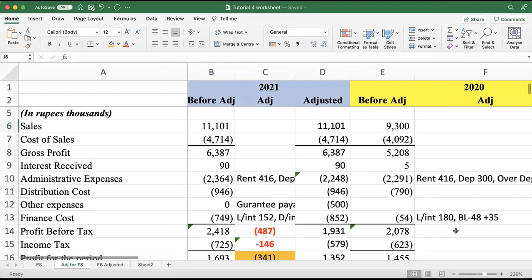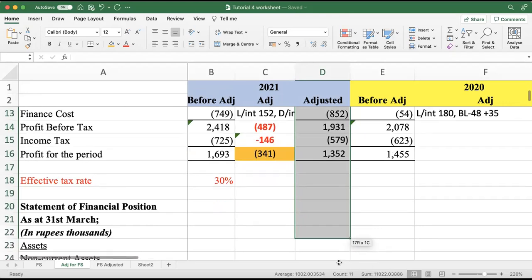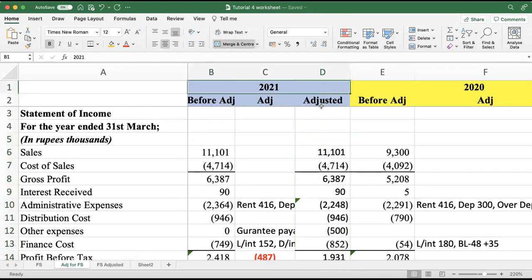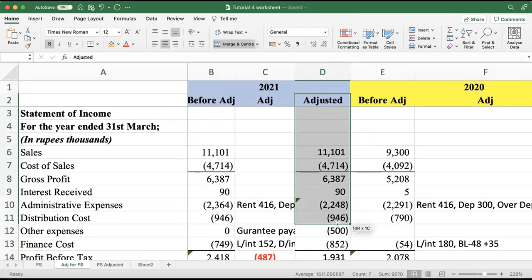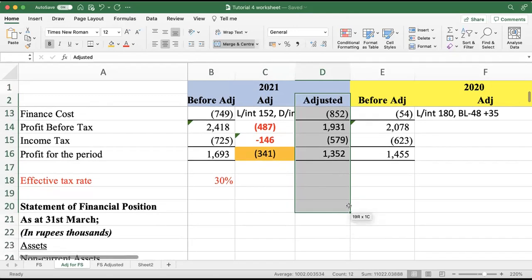Then after getting the adjusted values, you are doing the analysis based on those adjusted values. So after completing this accounting analysis, you are going to do the analysis based on these adjusted values.